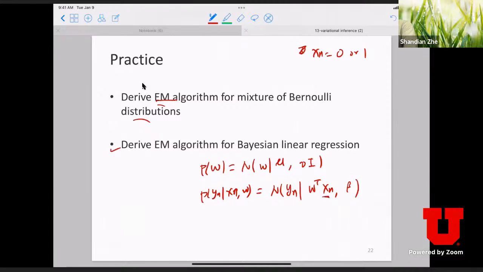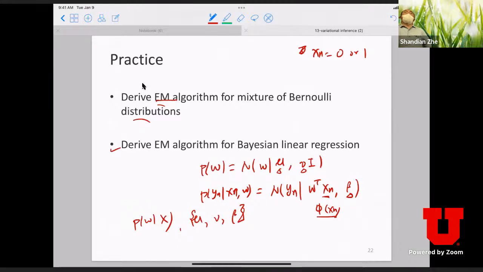Of course, if you want to perform some nonlinear transformation, you might put a nonlinear transform phi over xn. It doesn't matter. So now if you want to estimate the posterior of W given all the training data, as well as those hyperparameters, which include mu, V, and beta, how can we do that?